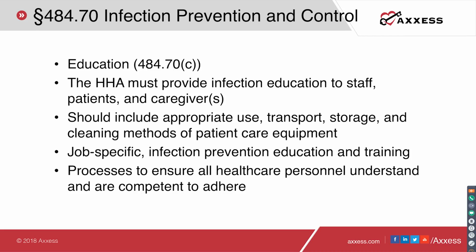The agency has to provide infection education to staff, that's not new, but to patients and caregivers as well. And when we see this in the COP regulation and interpretive guidance, they're not just talking about a blanket statement here. They're talking about getting into the nitty-gritty and really teaching patients and caregivers appropriate patient-specific infection control measures, such as the use, the transport, storage, and cleaning methods of patient care equipment.